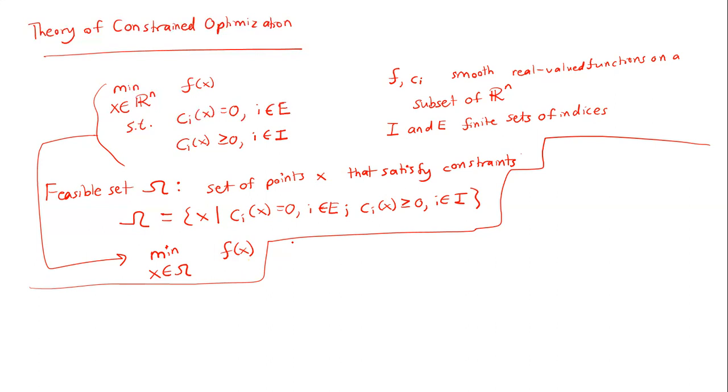So we are going to have necessary and sufficient conditions. Let's remind ourselves what necessary means. It's necessary to be an optimum, so it must be satisfied by any solution of the optimization problem, meaning any minimizer.